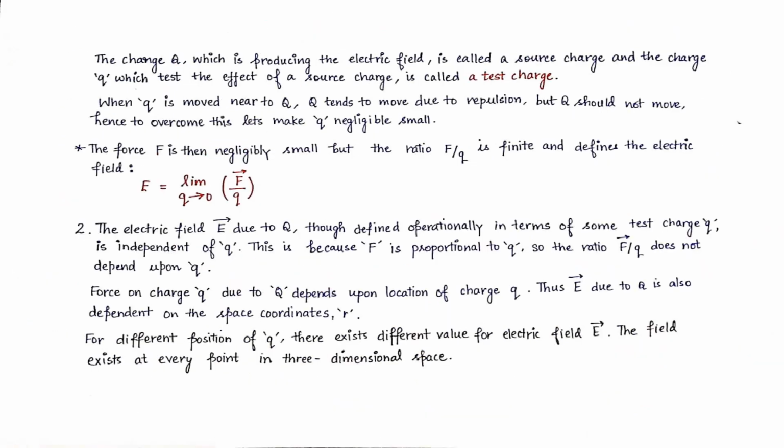Now, the charge capital Q which is producing the electric field is called the source charge, as explained a minute before, and the charge small q which tests the effects of the source charge is called a test charge.